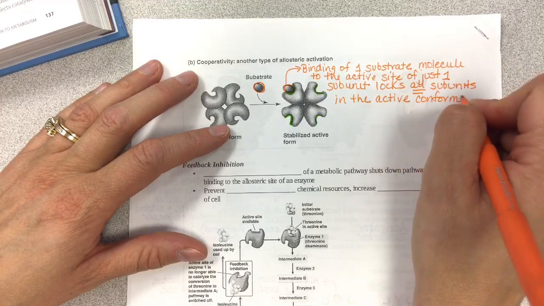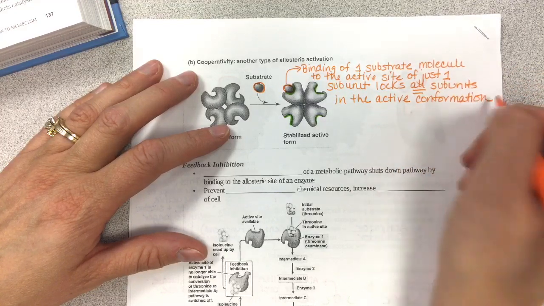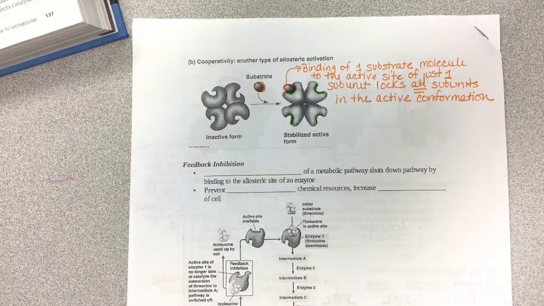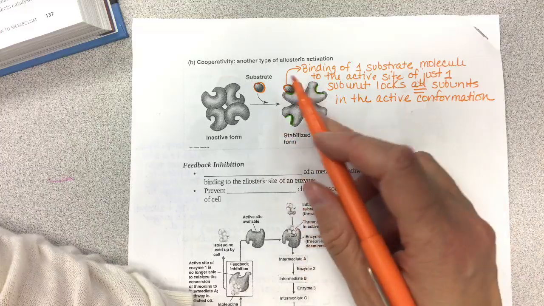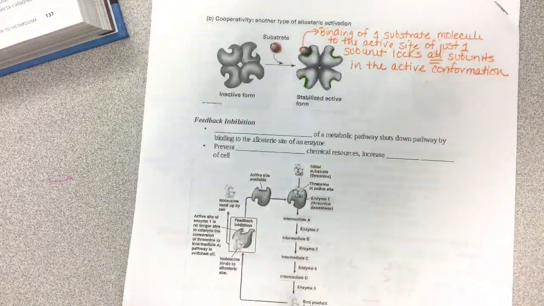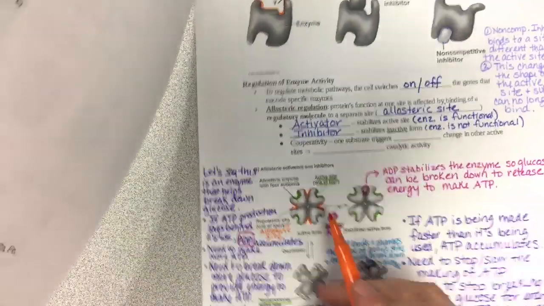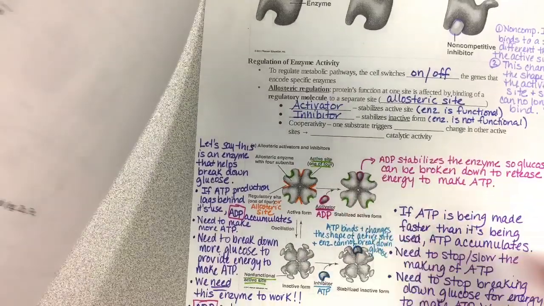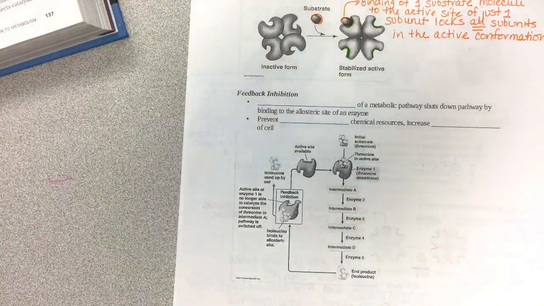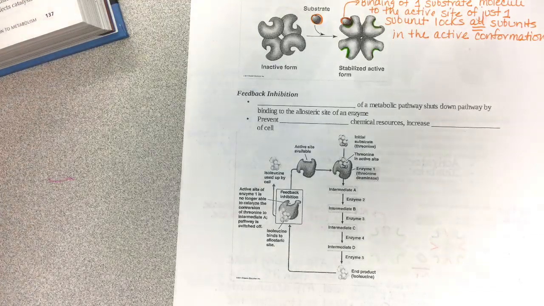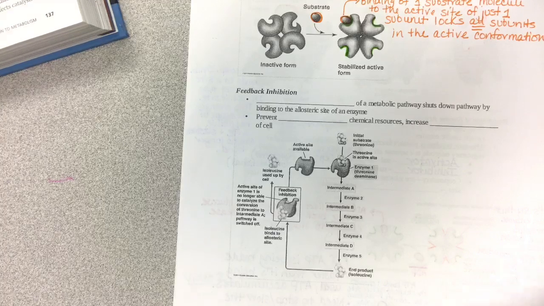Conformation, shape. And so that's called cooperativity. So not only does an activator stabilize it in the active form, but a substrate can stabilize it in the active form as well. All right, so both of those can happen. And that is allosteric regulation of an enzyme.